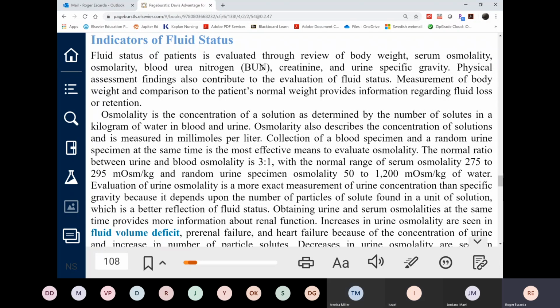Therefore, what will happen to your urine specific gravity? If you have a very high urine output, will your urine be diluted or concentrated? Very dilute. Therefore, what will happen to specific gravity? It would decrease. And then, of course, the opposite will happen in fluid volume deficit.